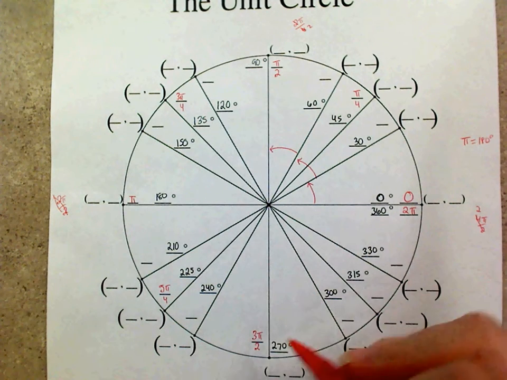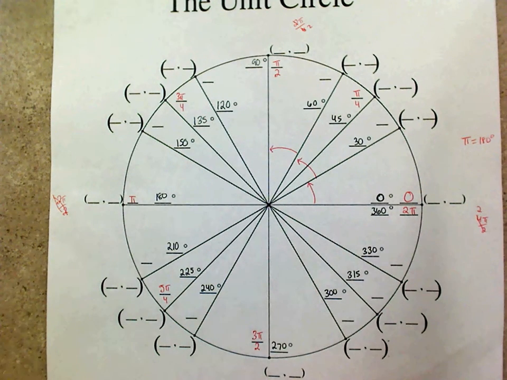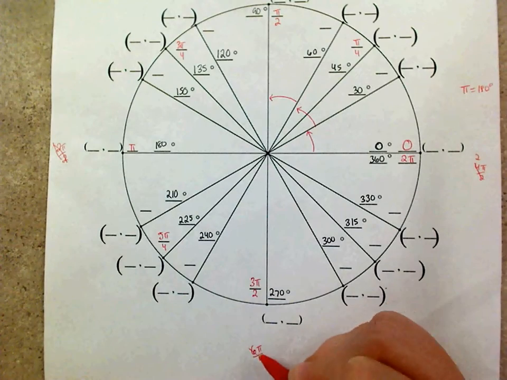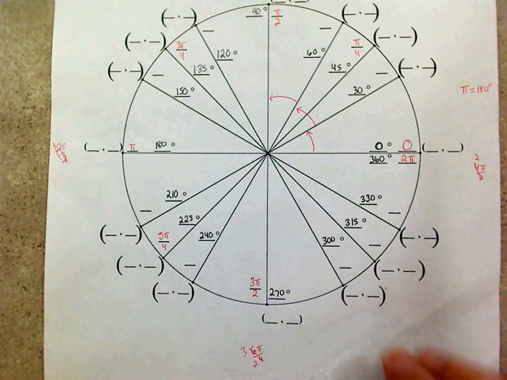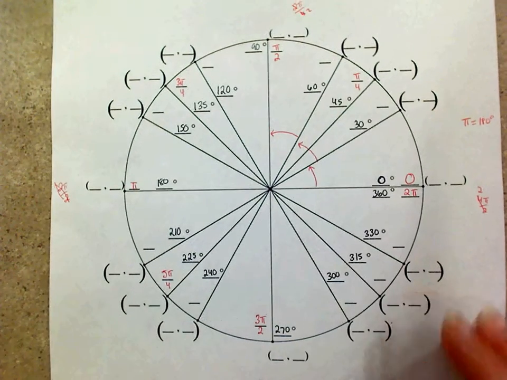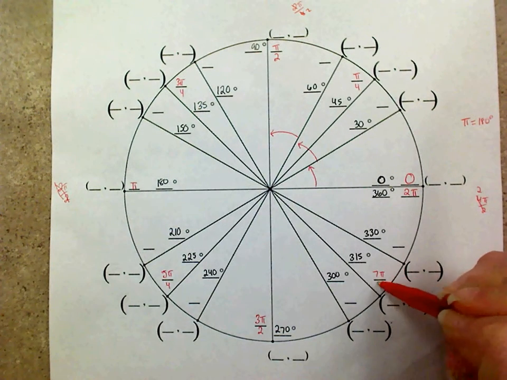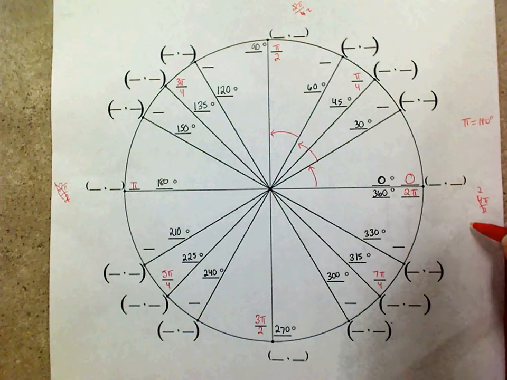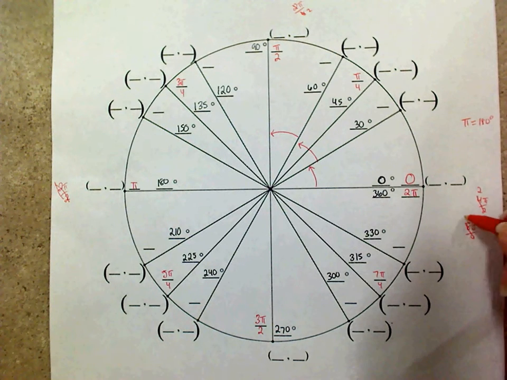After 5/4 comes 6/4, and 6/4 simplifies down to 3/2, which we already have. After 6/4 is 7/4 right here. And after 7/4 is 8/4, and 8/4 is again 2 pi.